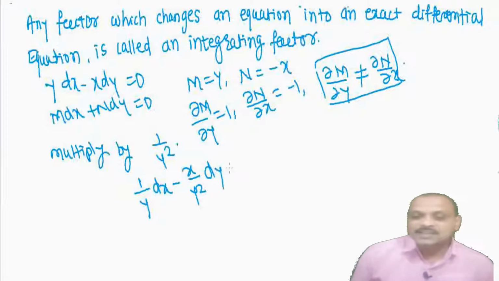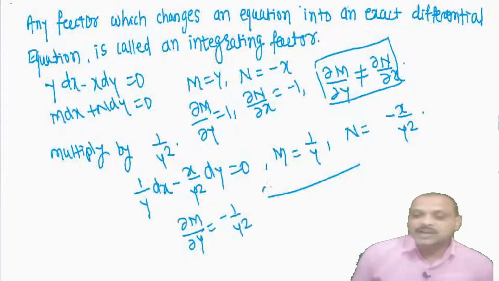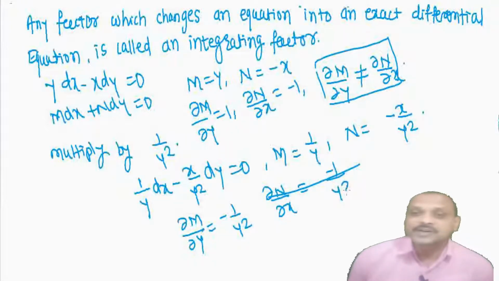You can see that M equal to 1 by y, N equal to minus x divided by y square. Then let us calculate del M by del y equal to minus 1 divided by y square, del N by del x equal to minus 1 divided by y square. So the given equation is converted into an exact differential equation by simply multiplying by the simple term 1 divided by y square.